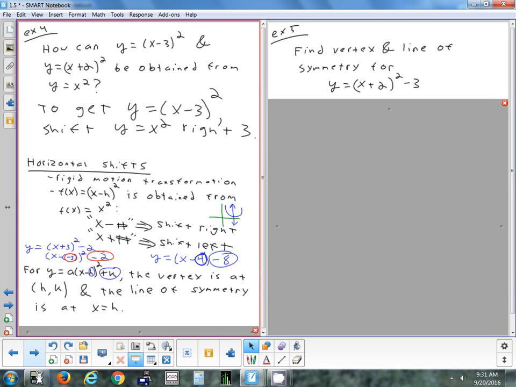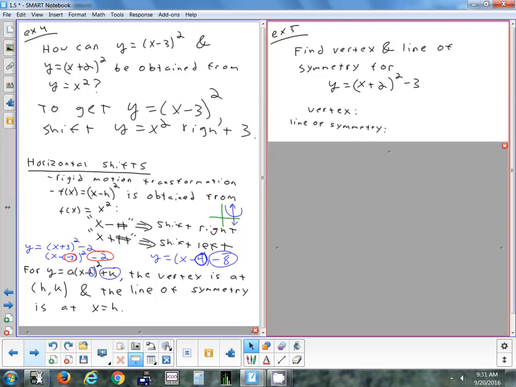Okay, so here's an example. And I want to find just the vertex and the line of symmetry. Okay, what do I have to be careful of in this one? Right, it's a +2. So my suggestion is think of it inside the parentheses like that. It's like the opposite. Okay, so what's my h value for the vertex? -2.